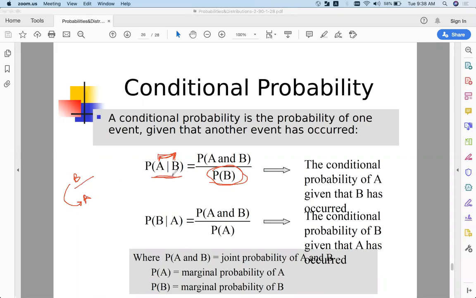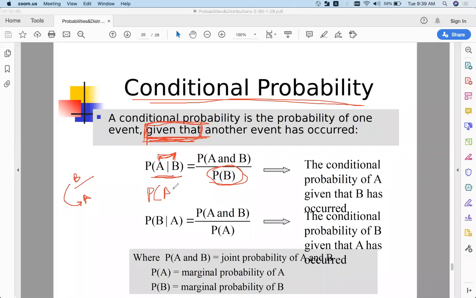This word is very, very important: whenever you see the words given that, you know you have to calculate conditional probability.